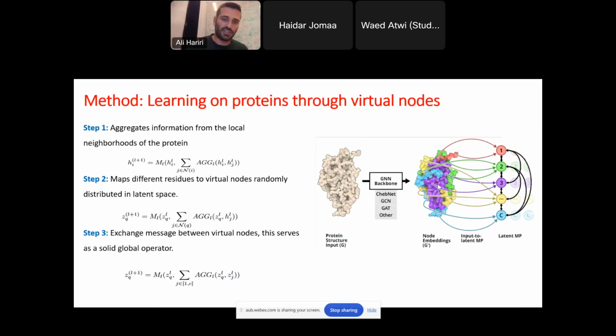And finally, I exchange messages between the virtual nodes. This is the GCN plus virtual node approach. An extension of it is the rewiring approach, where I use the attention score at the edge level to prune the protein graph, to select the most important residues and to classify the protein accordingly.